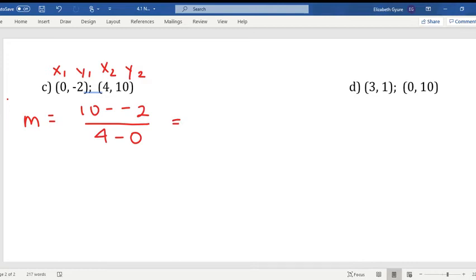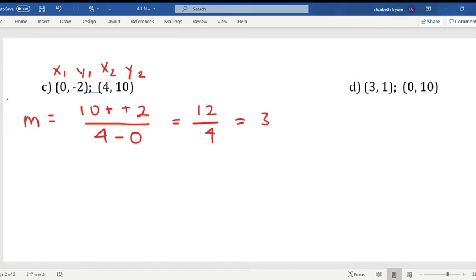Ladies and gentlemen, what should I do with that double negative? Make it a positive. What is 10 plus 2? 12 and 4. Good. Is 12 divisible by 4? Yes. What is 12 divided by 4? 3. So 3 or 3 over 1 is an acceptable slope. All right. So now I have my slope.